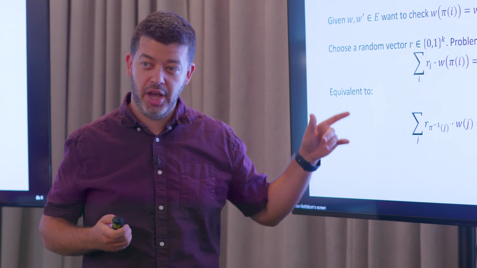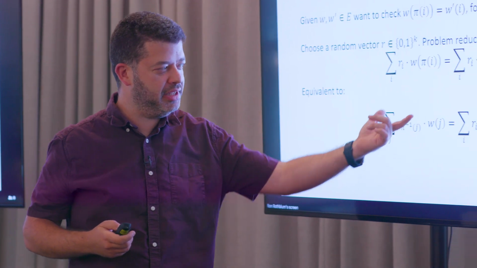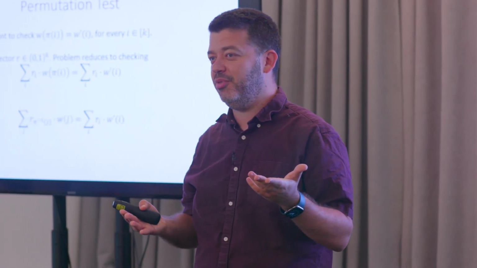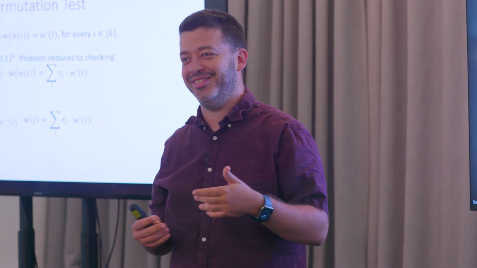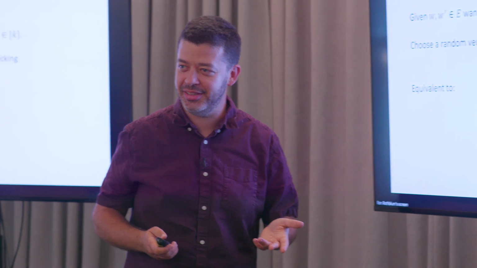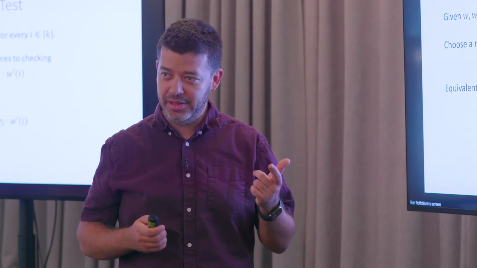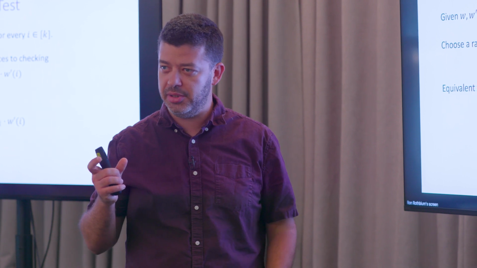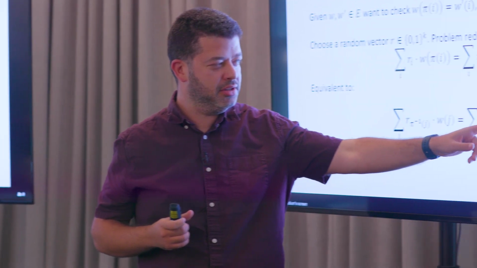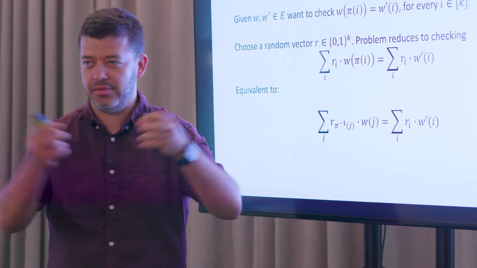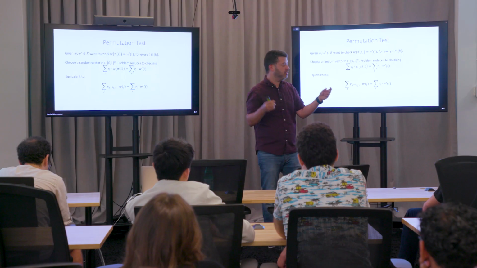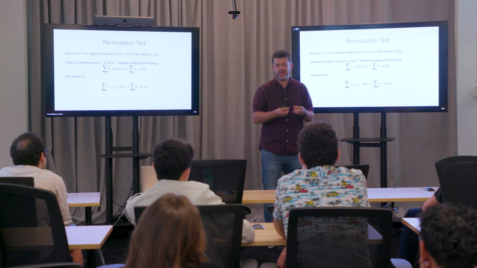Okay, and now I'm pretty happy because both left and right-hand terms involve a sum, and we have a way to check sums via the sum check protocol, right? The fundamental thing, though, and this is really one place in which multiplication codes appear, is that W prime is a vector, a code word in our code E. R is under our control, so I can think of encoding it.